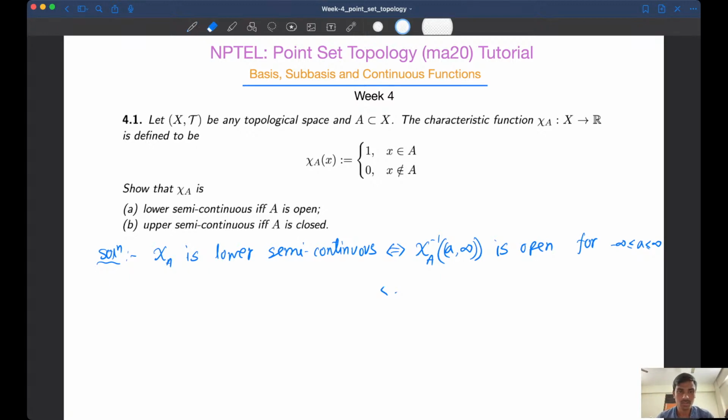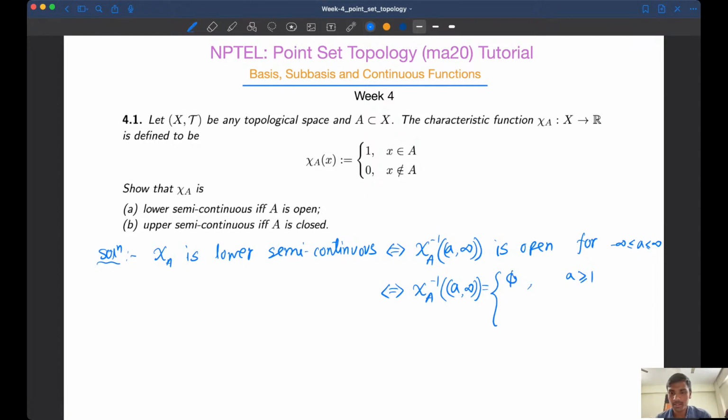Now let us just see chi inverse of (a, infinity), how it looks. For different values of a, if a is greater than or equal to 1, then it would not involve 0 and 1 both. So chi has no value there, so it will be phi.